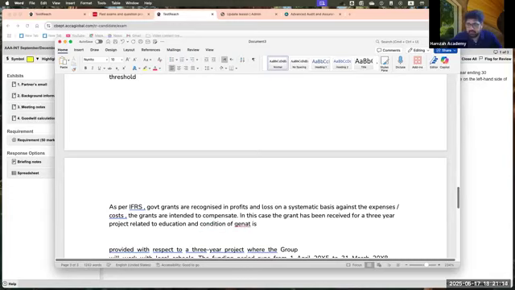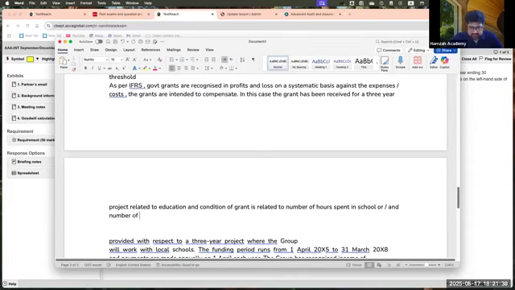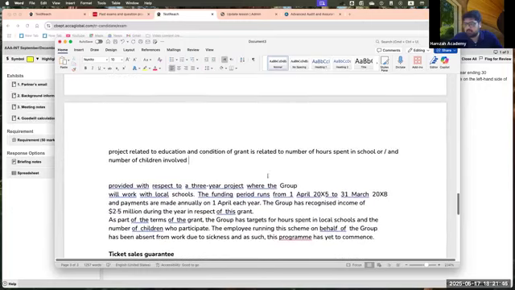is related to the number of hours spent in school, or the number of children involved, or participating in this initiative.